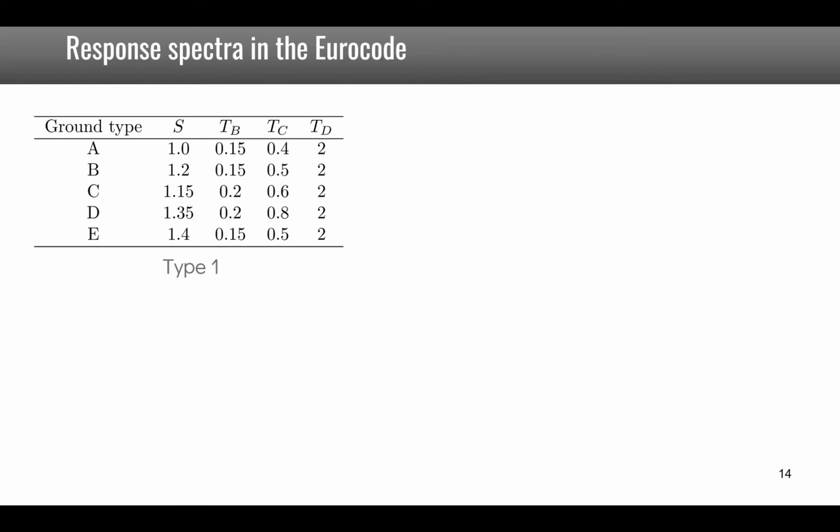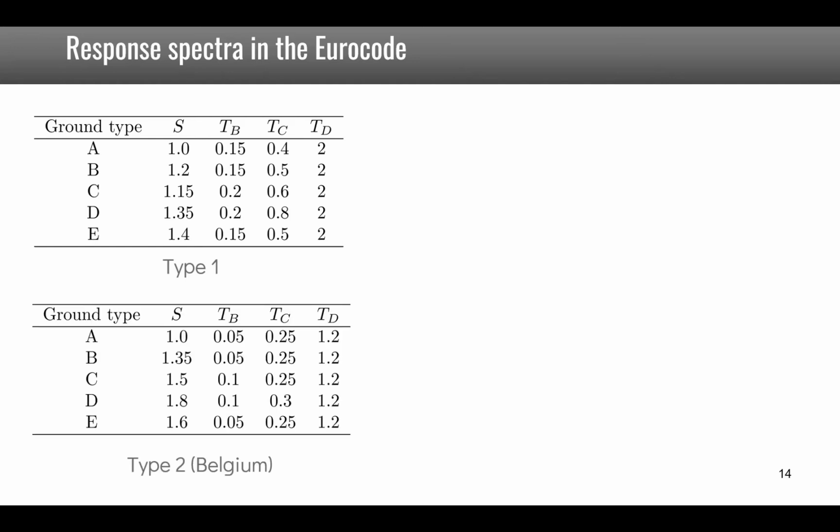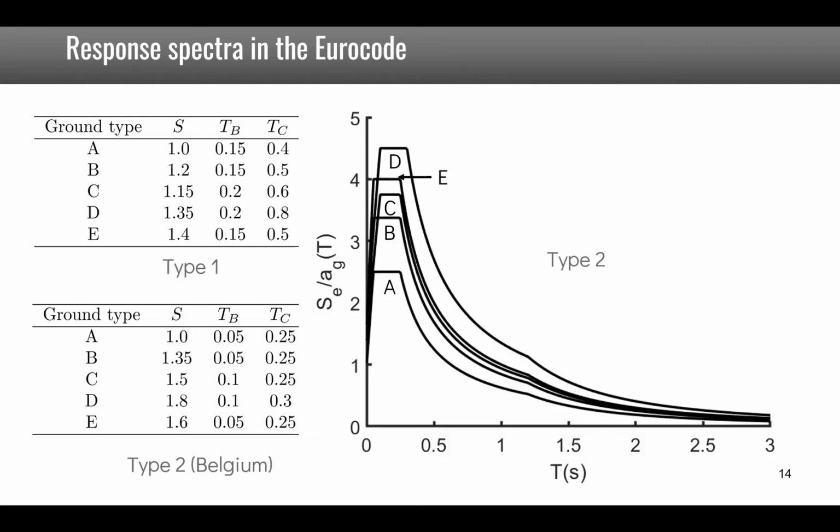In the Eurocode there are 2 types of spectra, and for type 1 you see that depending on the ground type, which is labeled A, B, C, D or E, the values of S, TB, TC and TD are different. There is a second type, which is the one used for Belgium, where the values are also given as a function of the ground type, and this is a comparison of the response spectrum for these type 2 grounds.